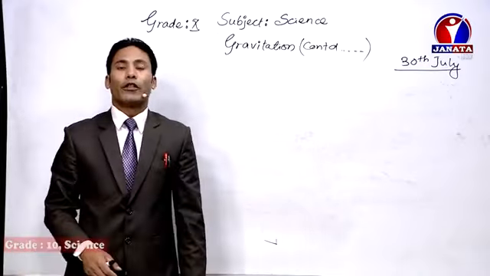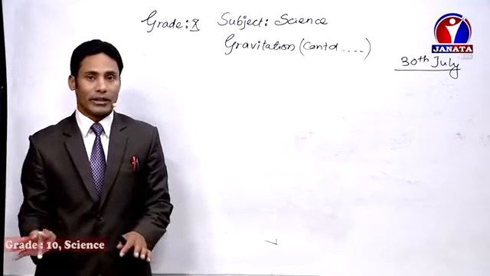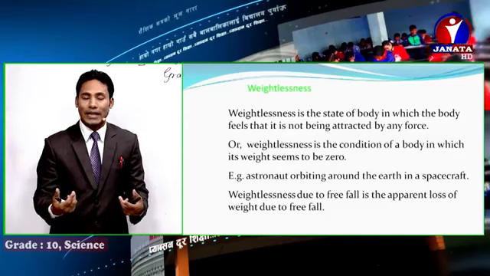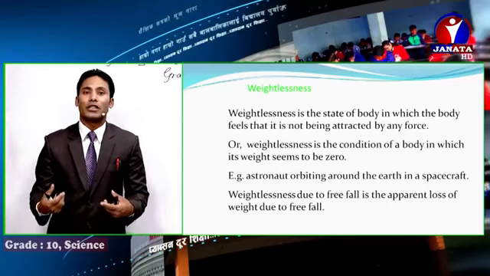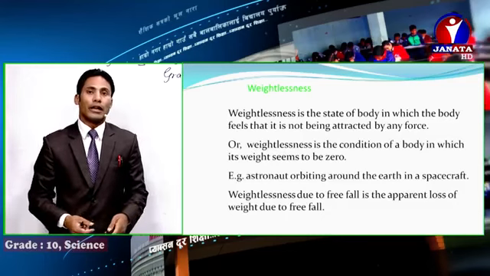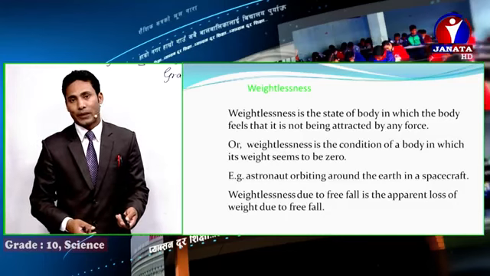Generally, different conditions may produce weightlessness. For example, during free fall, the weight will be 0. Similarly, if we travel in space where the gravity is 0, weightlessness takes place there.